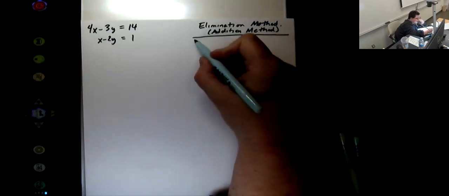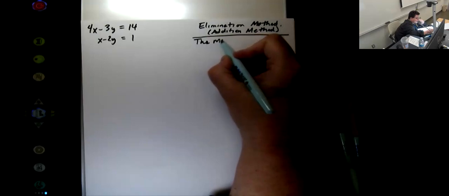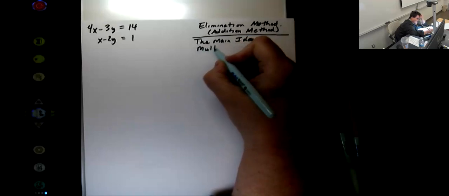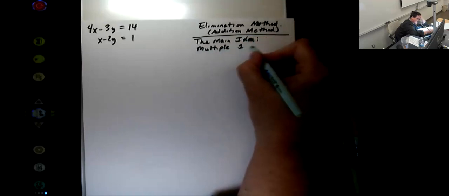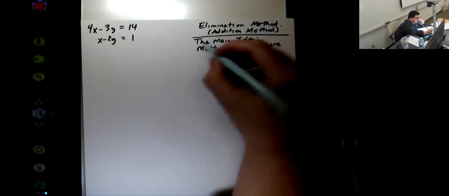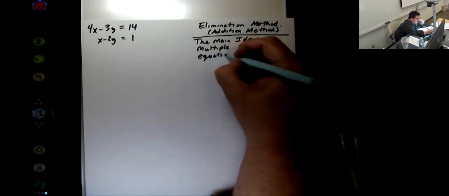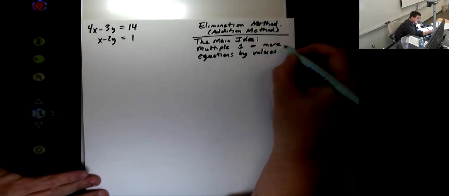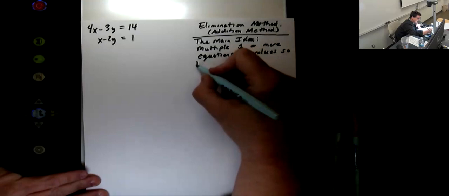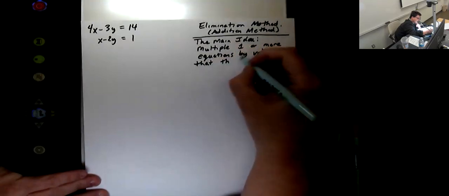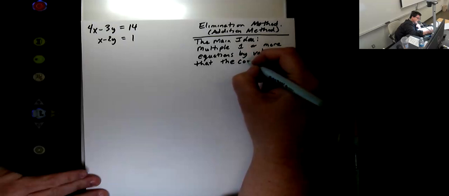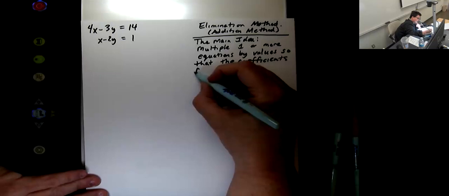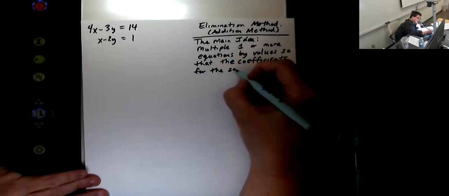The big picture, the main idea here is this: multiply one or more equations by values so that the coefficients for the same variable are equal but opposite.